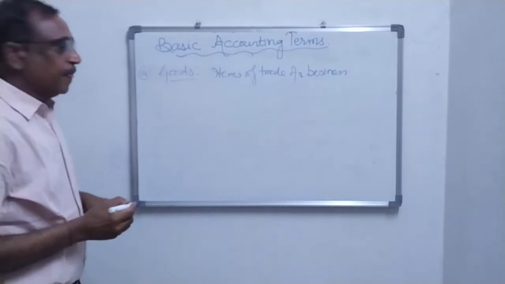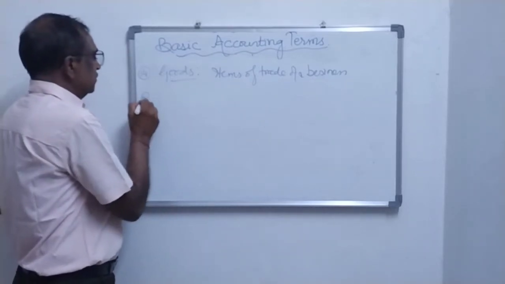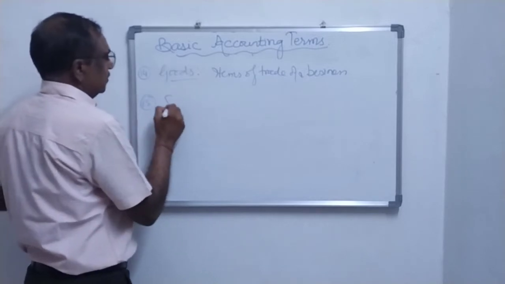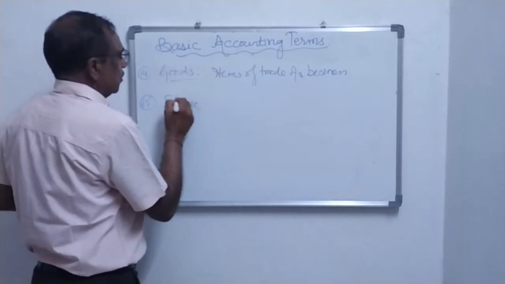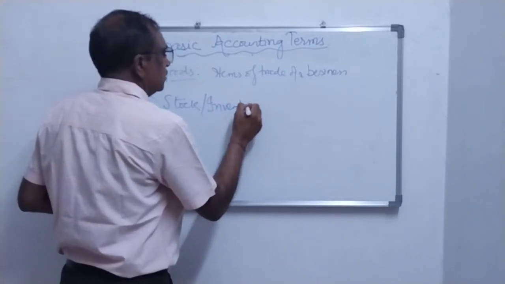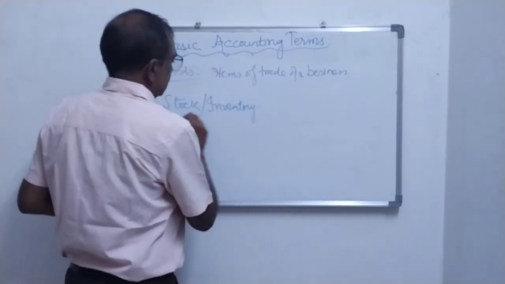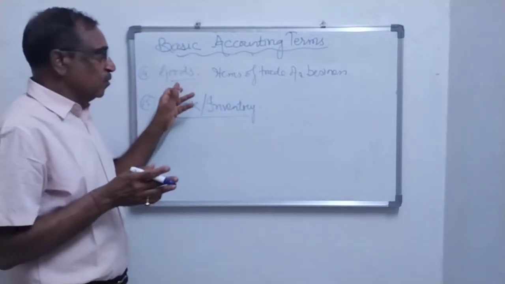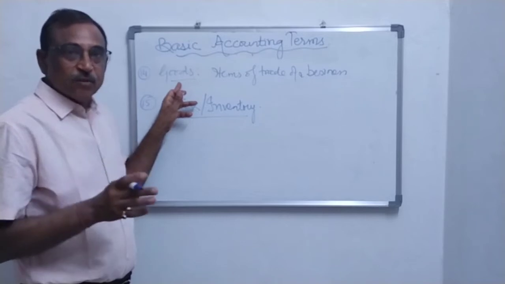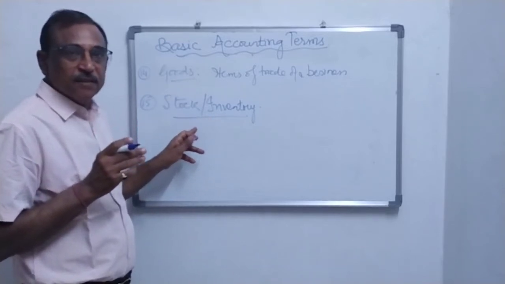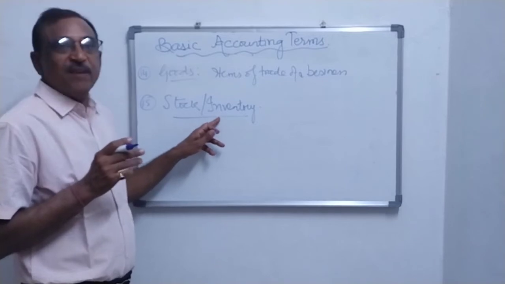Okay, then now next is stock, or it is also known as inventory. Stock means, as the name suggests, the goods which are lying unsold at a particular time, that will be your stock, or it is also known by the name inventory.